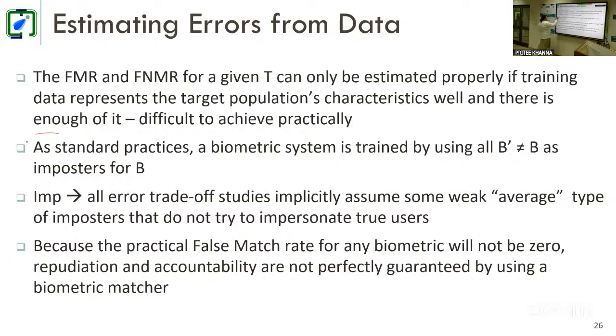As a standard practice, a biometric system is trained for all, not only for the same population, but also the population which does not actually belong, which is not actually stored. Remember that all error trade-off studies are some average type, not very deep, like somebody has decided, okay, I am going to hack it. But otherwise, in a general sense, some population is there which you are using to test as an input. That is what we give.